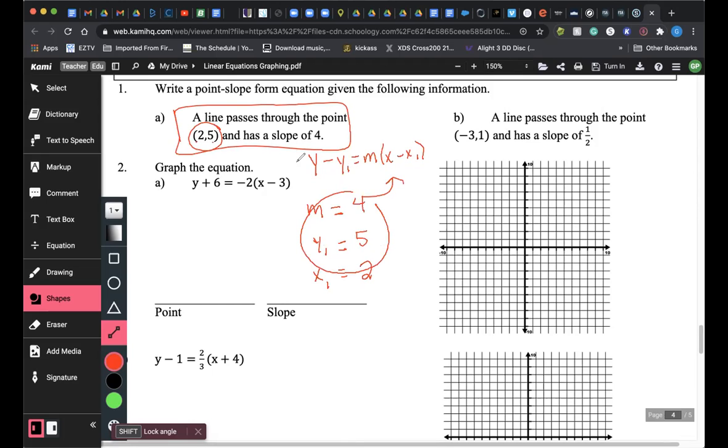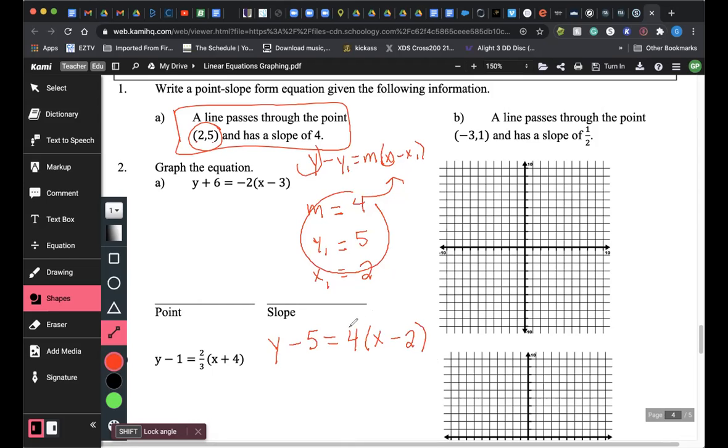I'm going to keep my y and my x, but everything else is going to be replaced by a number. So y minus 5 is equal to 4 times x minus 2. Is everybody with me? Okay.